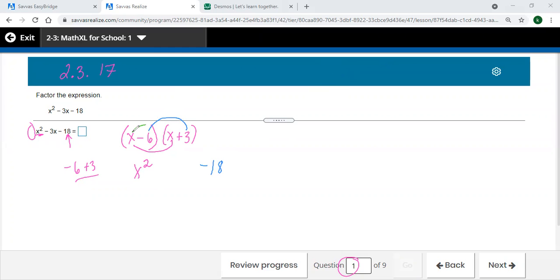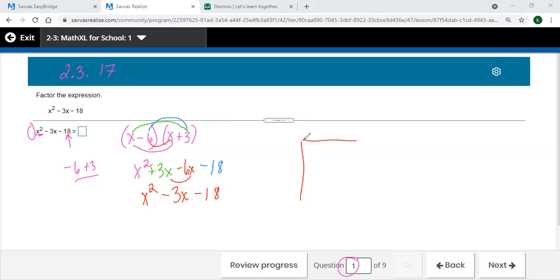This x times this 3 is a positive 3x. And then we just have one left, this -6 times that x. And these two do combine to make my -3x. Bring that x² down, bring this 18 down.